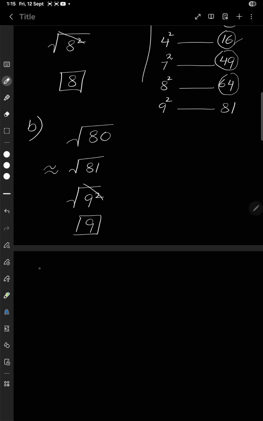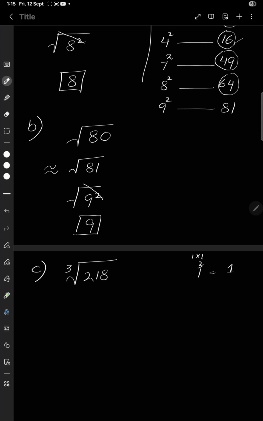Now I will do the C part, and in this C part they are asking us to find the cube root of 218. In cube roots, usually the number we take inside the cube root is a perfect cube. As we know, 1 cube is equal to 1.